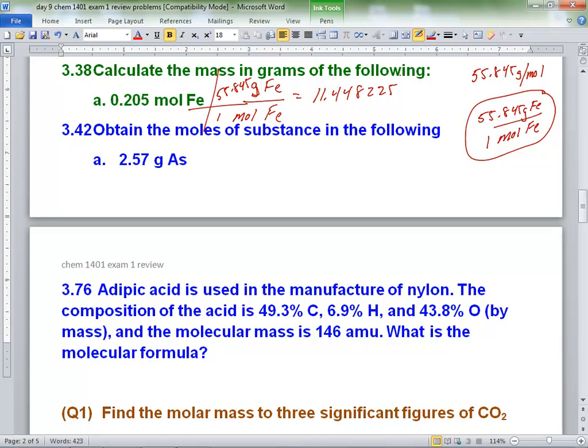Way too many digits, Clarissa. 11.4, let's see. Yeah, because there's 3 digits here, right? So she better report it to 3. That'd be 11.4. And don't forget your units, otherwise you'll get docked points, right? Don't just write 11.4. Try the next one. Try the arsenic one.